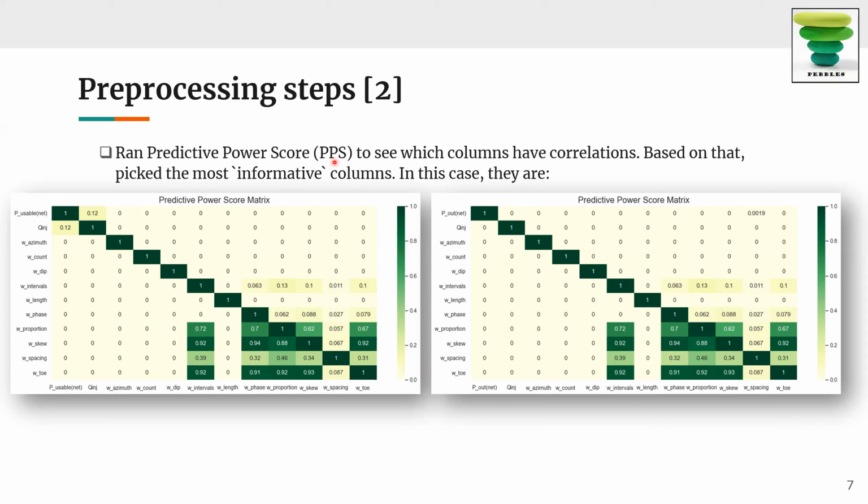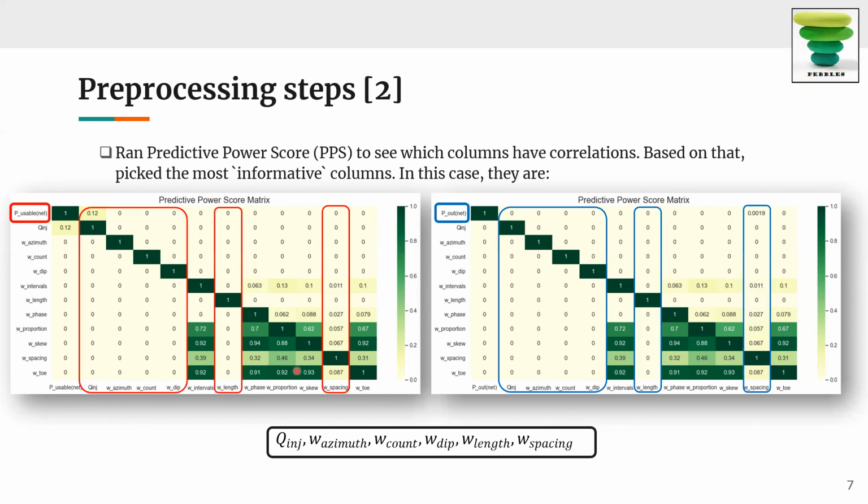We did that for both target columns, P usable net and P out net, and that helped us to have an insight into the linearity between the features. And in this case, we picked the independent columns as illustrated down here, which are the same for both cases.